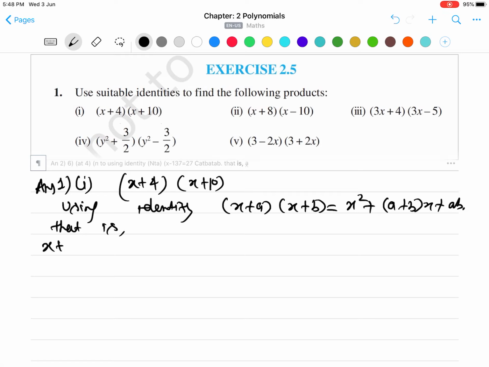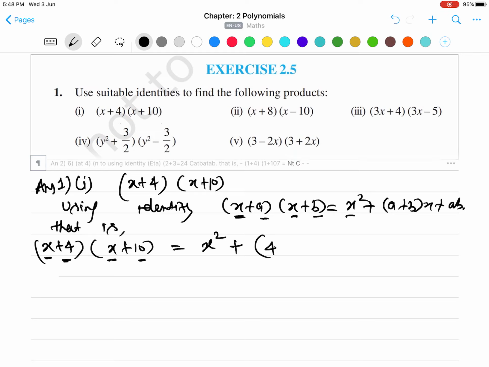So write that is, we have x plus 4 into x plus 10. Okay, x here is x, a is 4, again x is x, and b is 10. So we'll write this as x square, that means square of the variable term. Then we have a plus b into x. A here is 4, b is 10, into x is x.